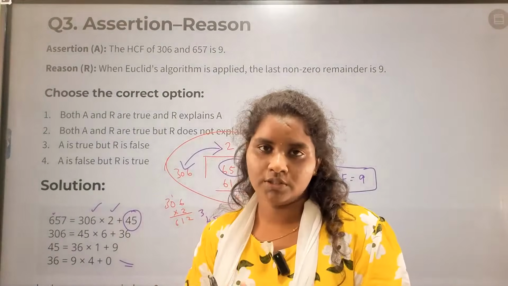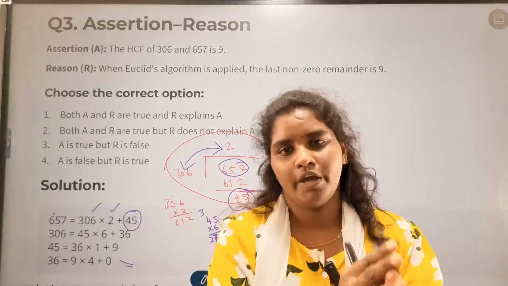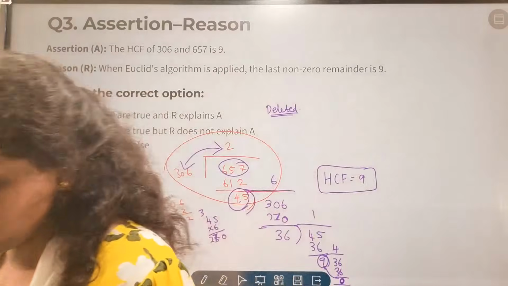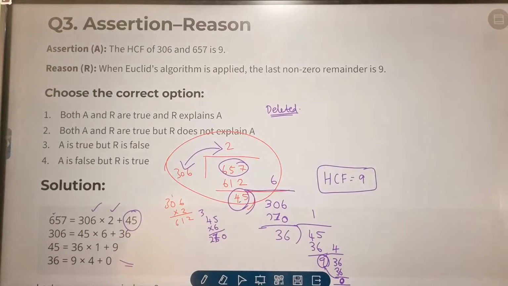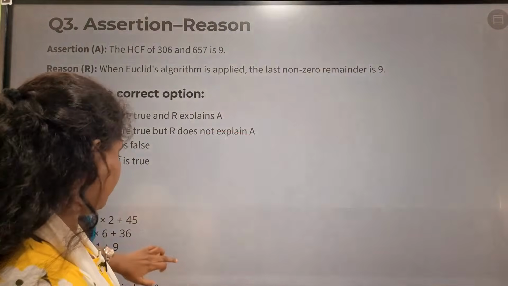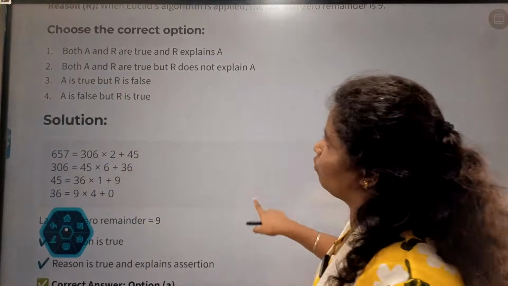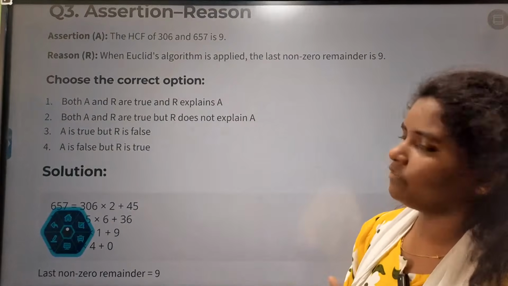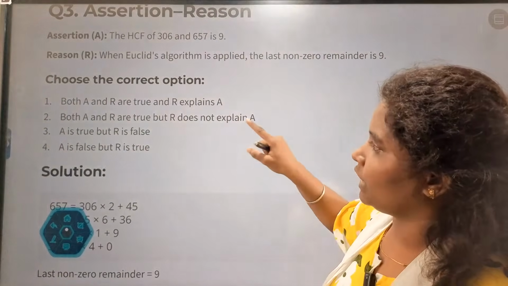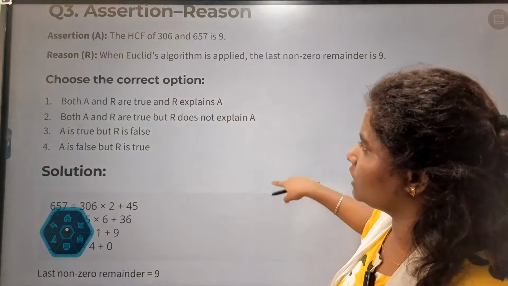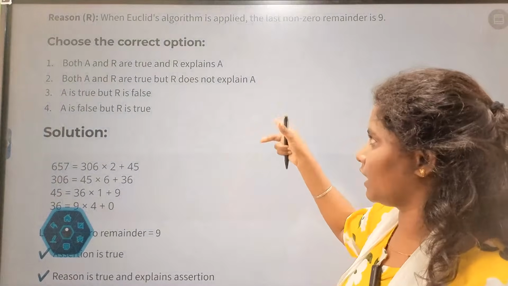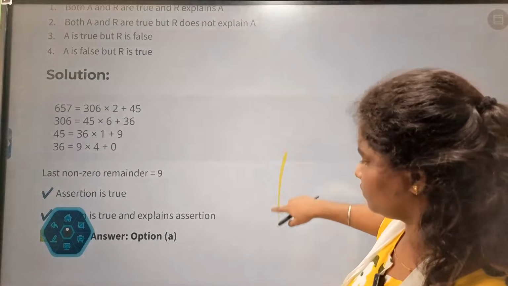If you don't know this method, just try using the prime factorization method, right? Then the final answer, that is the remainder, will be 9. So both the assertion and reason are right. So option A is right: both A and R are true, and R is the correct explanation for A.